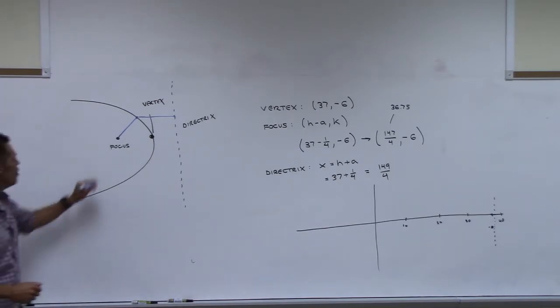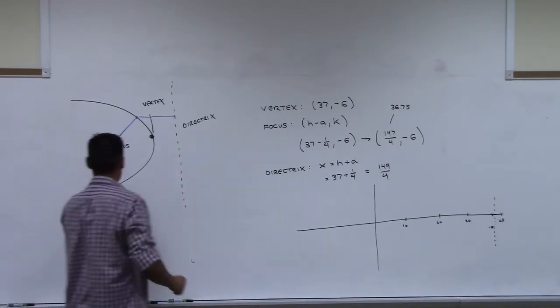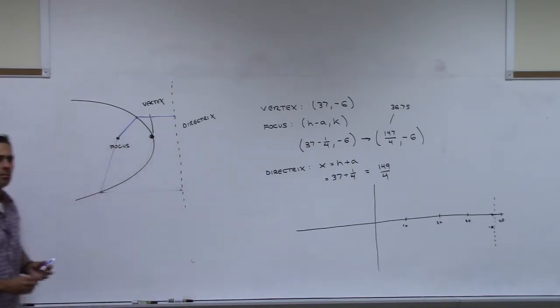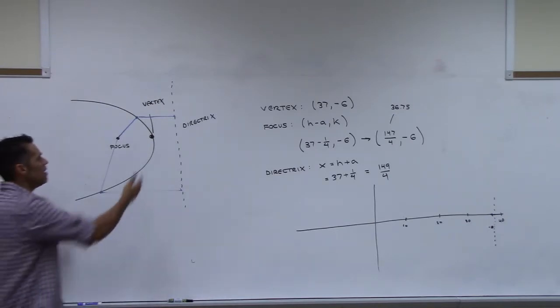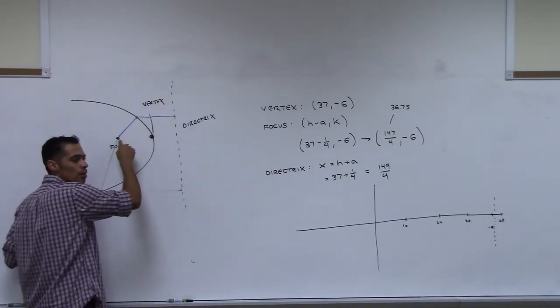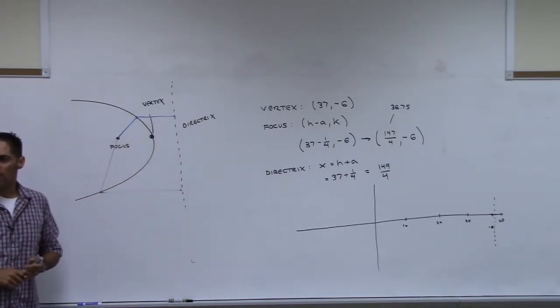And that works for any point. So the distance from here to here is equal to the distance from here to here. And that's how we define a parabola. It's not important. I'm not going to test you about it, but that's why this line and this point are important. Basically, all you need is the focus and the directrix, and you can define a parabola.